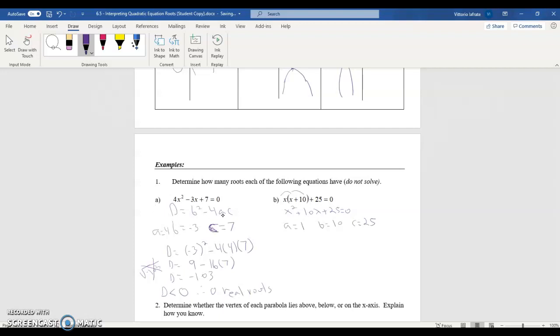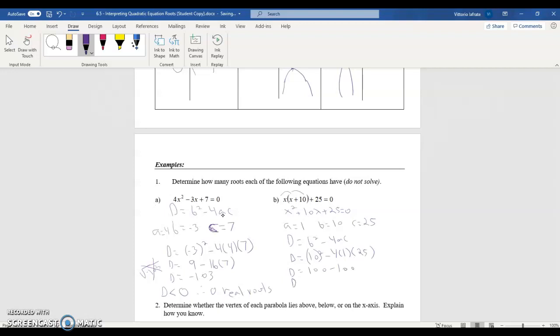A is equal to 1, b is equal to 10, c is equal to 25. And then we can find the discriminant. So discriminant is equal to b squared minus 4ac. So discriminant is equal to 10 squared minus 4 times 1 times 25. And so discriminant is equal to 100 minus 4 times 25, which is 100.